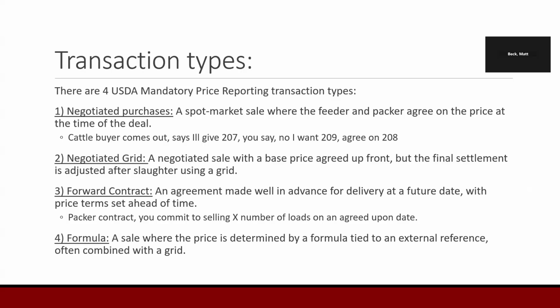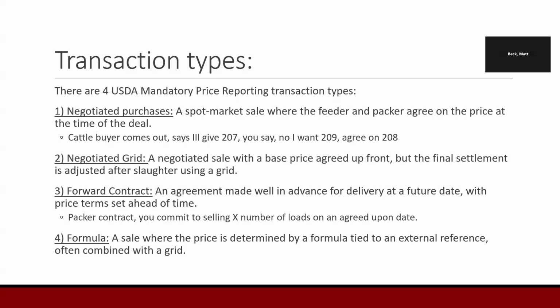So for example, cattle buyer comes out, says, I'll give you 207. You say, no, I want 209. You agree on 208. Any questions? All right. Negotiated grid. So this is a negotiated sale with a base price that's agreed upon up front.